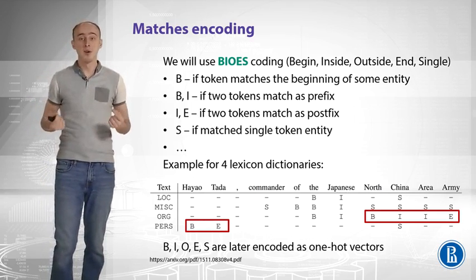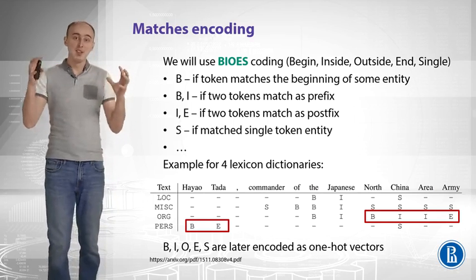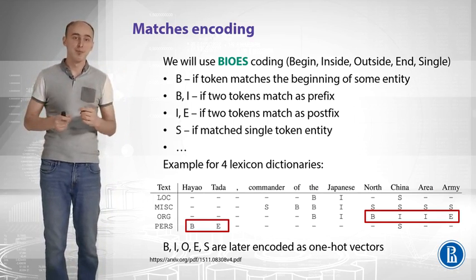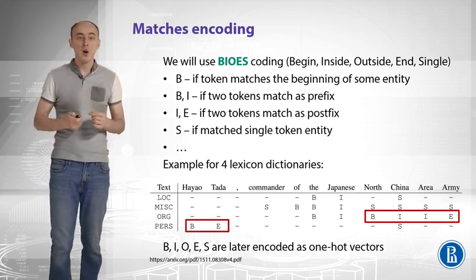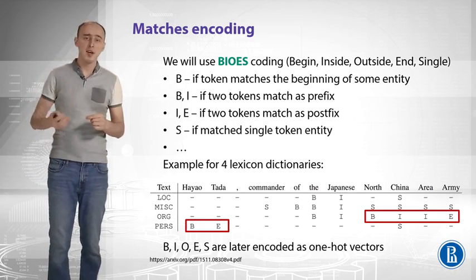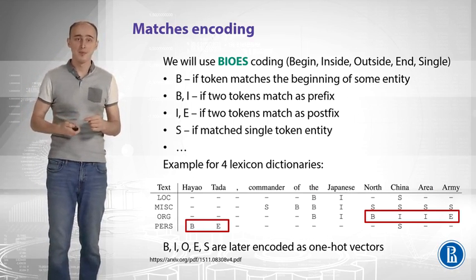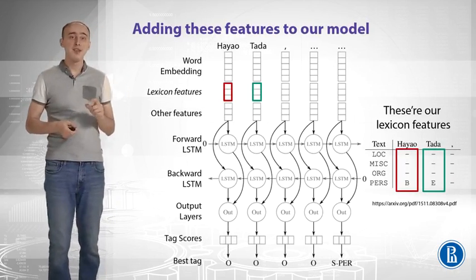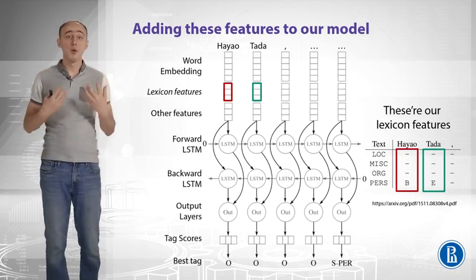So this is pretty cool. We can make new entities that we haven't seen before. Okay, so what we do next is we will later encode these letters as one-hot encoded vectors. Let's see how we can add that lexicon information to our model.